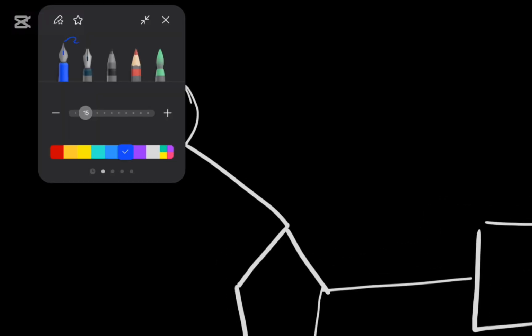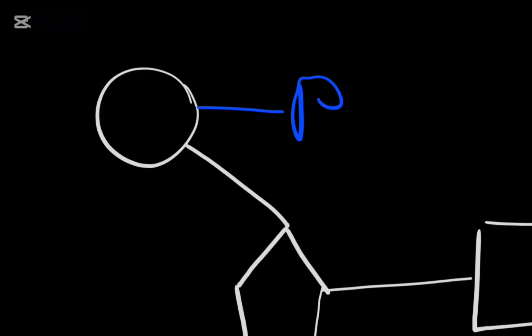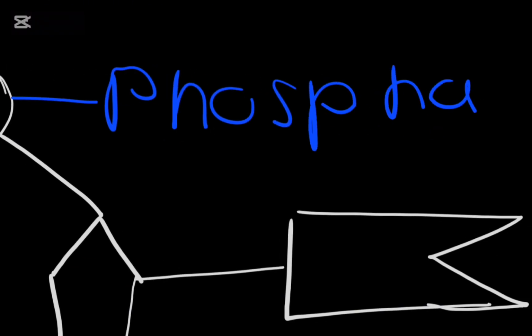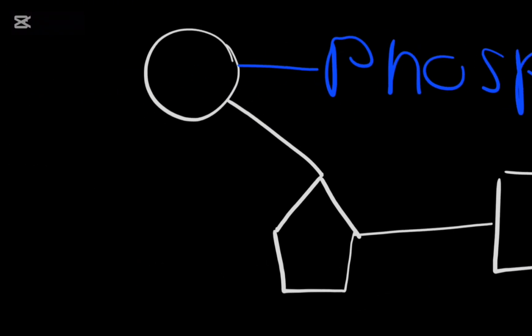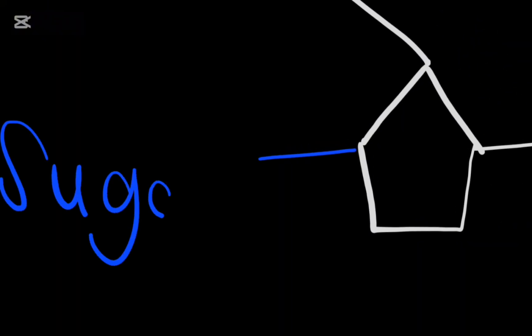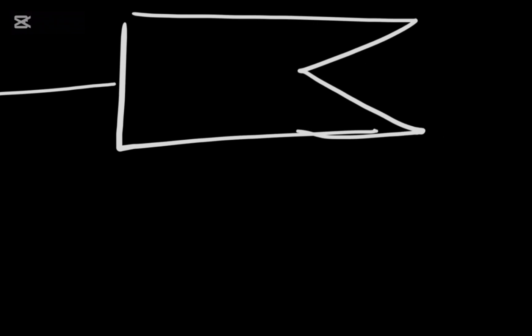So as I mentioned before, this is your phosphate. You just need to label it. You don't really need to know what exactly is going on, because one thing about textbooks, it will give you a lot of information that you will never need in an exam, trust me. This is your sugar, and then this is your nitrogenous base.